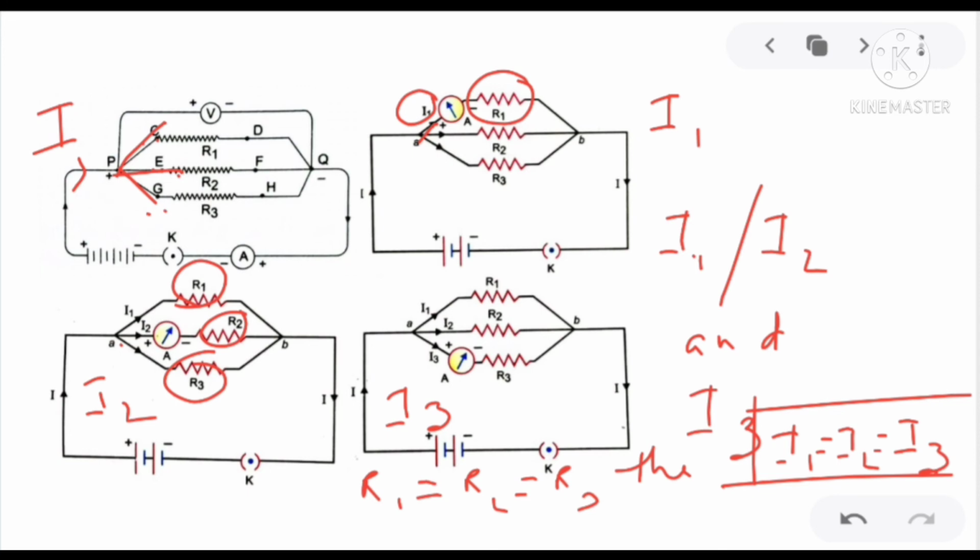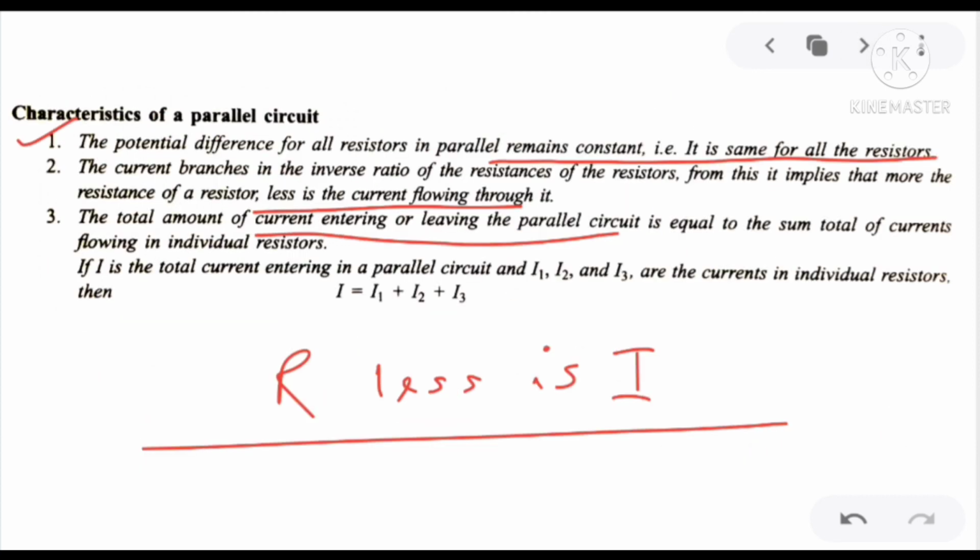And when it leaves the circuit, again they combine and become I. So that means what we can say? The total current I is equal to I1 plus I2 plus I3. So remember this one.